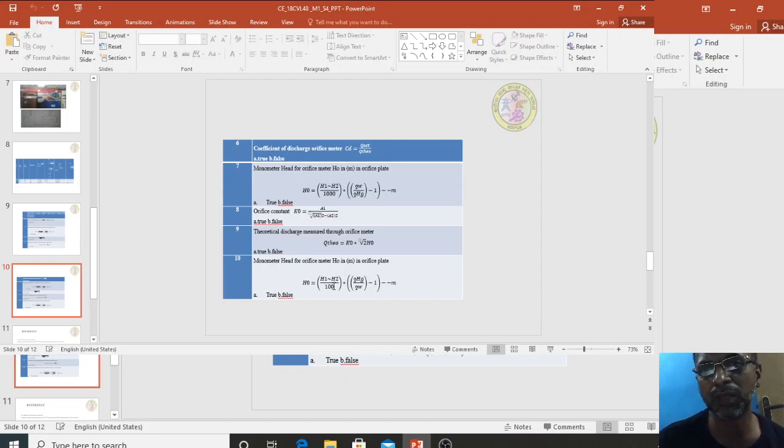Millimeter to meter means millimeter, centimeter, decimeter, then meter, therefore it should be divided by 1000 here. Since it is divided by 100 here, it is not correct, so in order to substitute in the Bernoulli equation, statement B is false.